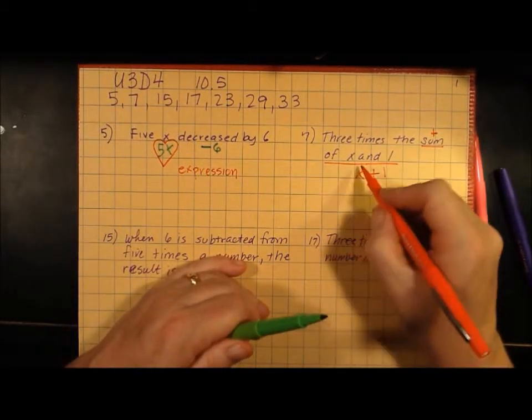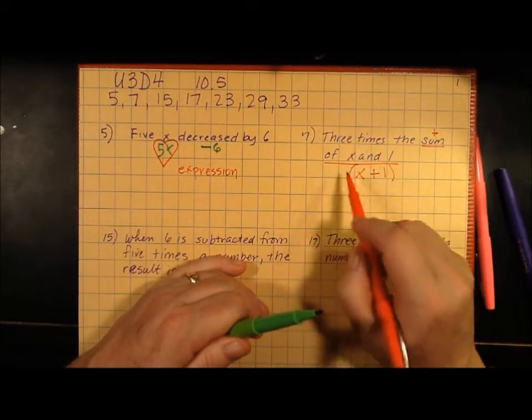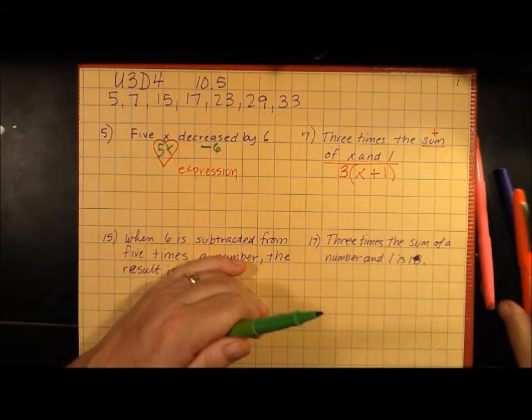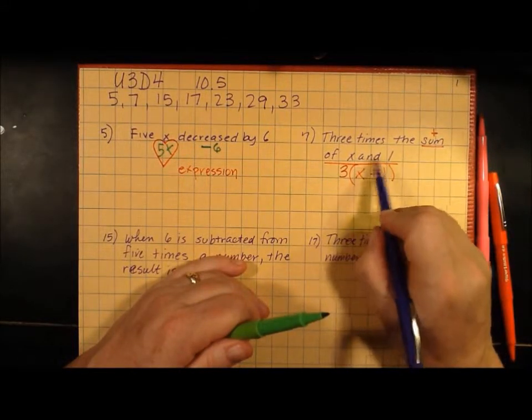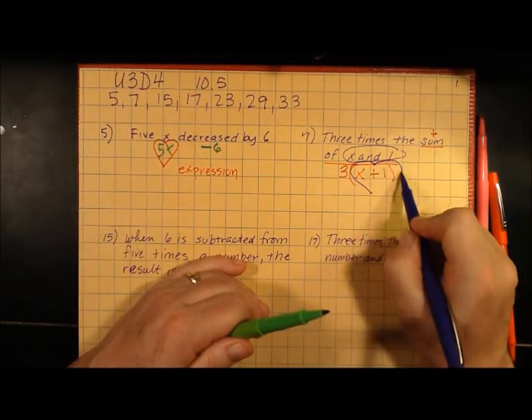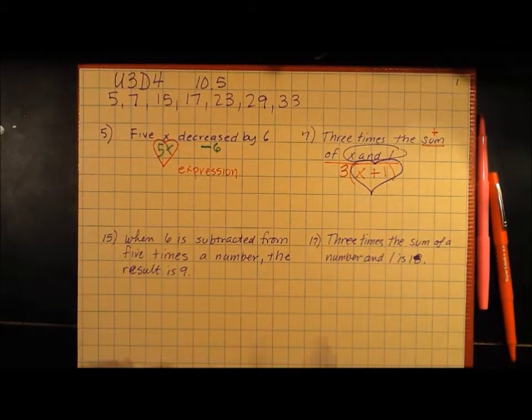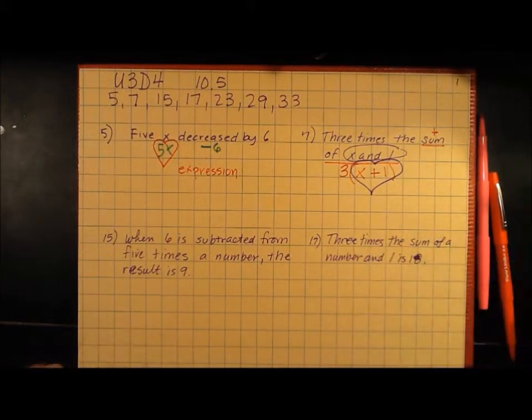That's what that looks like. And then I go back and I say 3 times that. So that's what that's going to look like. And here the heart of my problem was this right here, the sum of x and 1. Again, that's an expression because there's no equal sign.